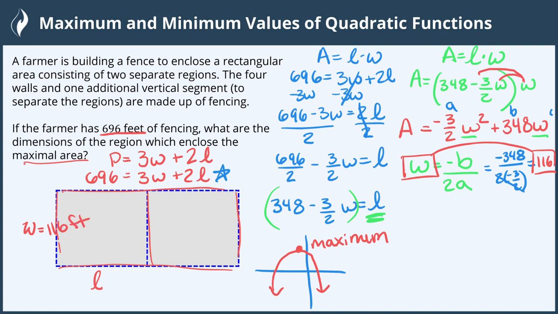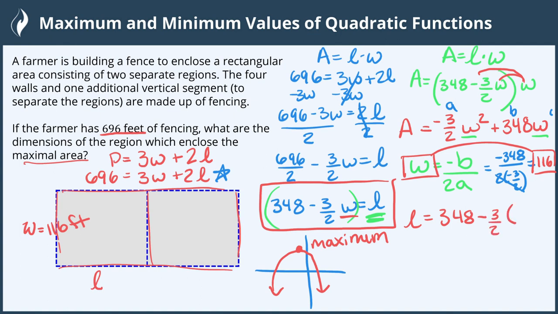Now we just need to find the length because we were asked to find the dimensions, but we have an equation for length, and if we have the W, which we just found, we can find the length. So the length equals 348 minus 3/2 times W, which we found is 116. 116 divided by 2 in my calculator is 58. And so we get length equals 348 minus 3 times 58. 3 times 58 in my calculator is 174.